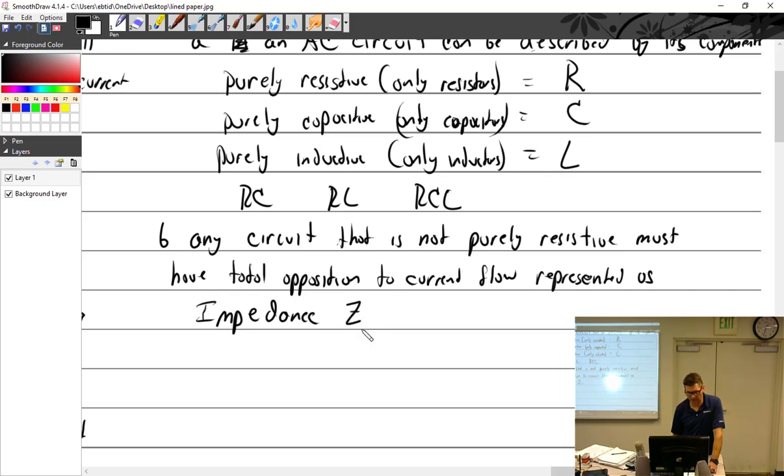Which is represented by the letter Z, or Zed, I think, if you're from England.